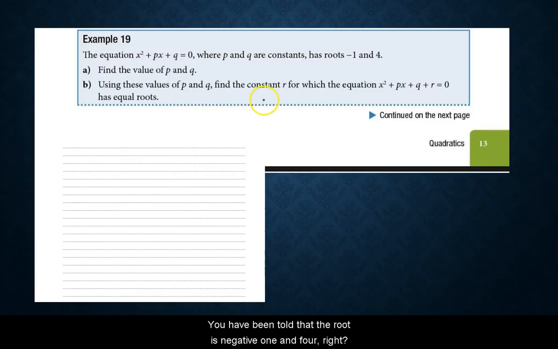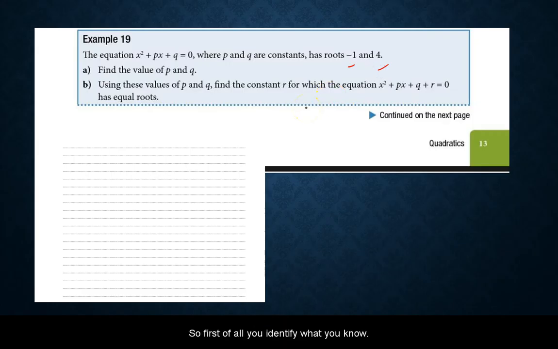You have been told that the roots are -1 and 4, right? So first of all, you identify what you know, and then you are able to establish from what is given to what you want to find. So here we have the first one in a.